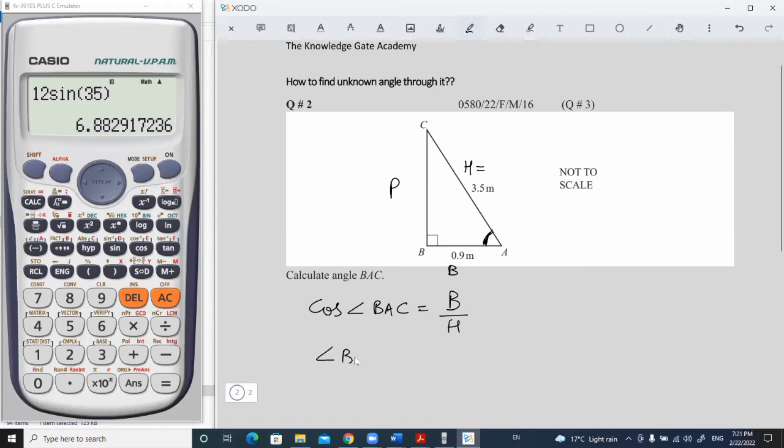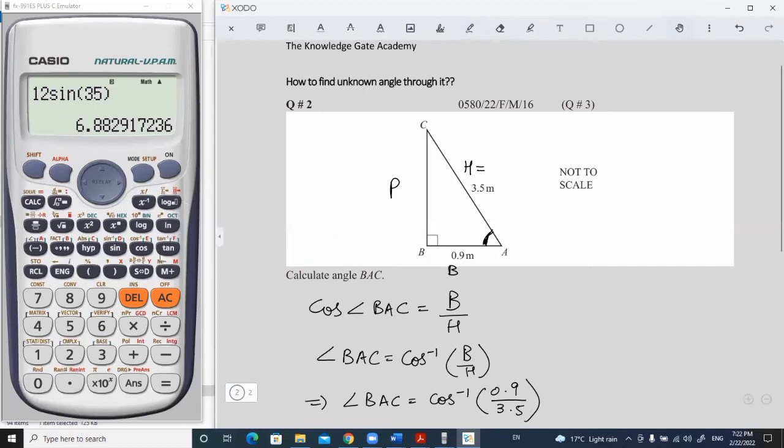So angle BAC will be equal to cosine inverse of this ratio B over H. Put the values of B and H: angle BAC equals cosine inverse of base, which is 0.9, divided by 3.5. So how do we put these values in the calculator?